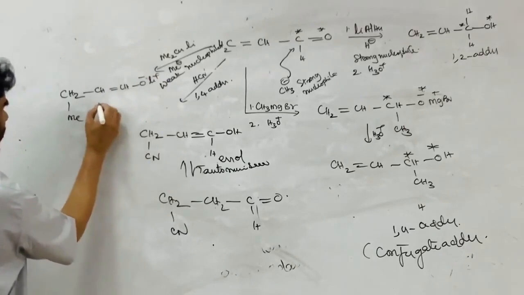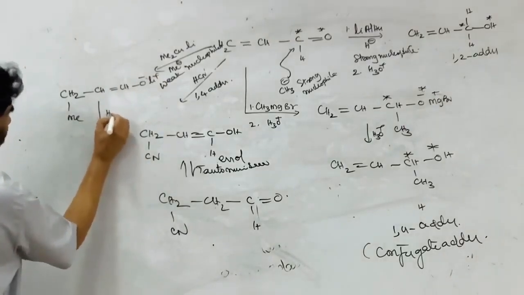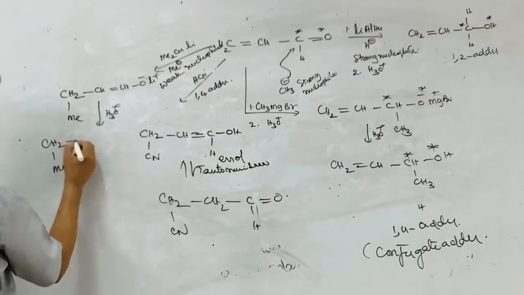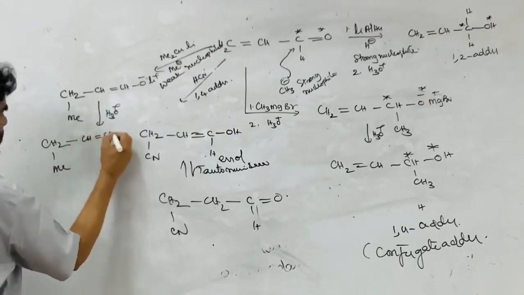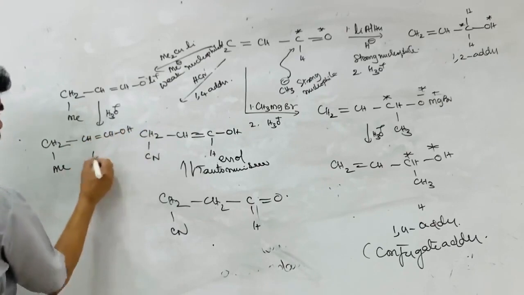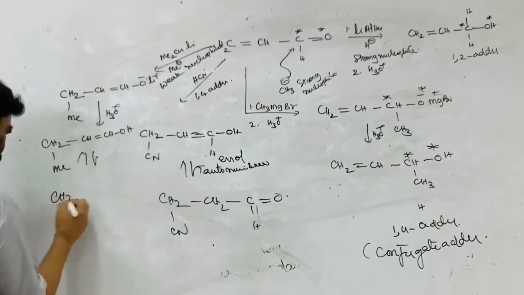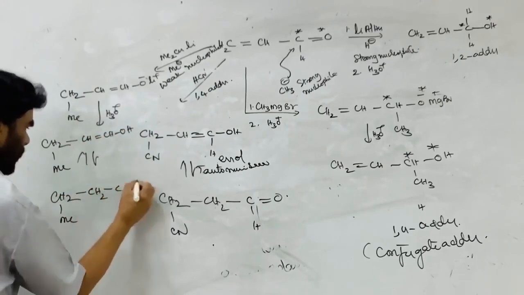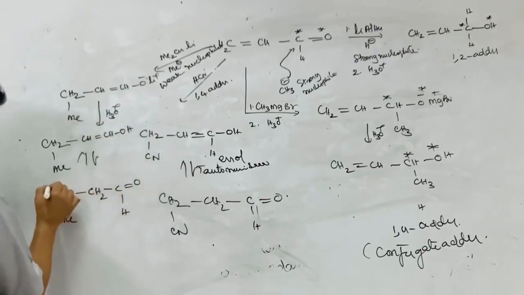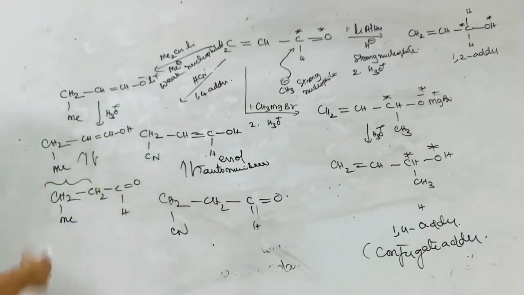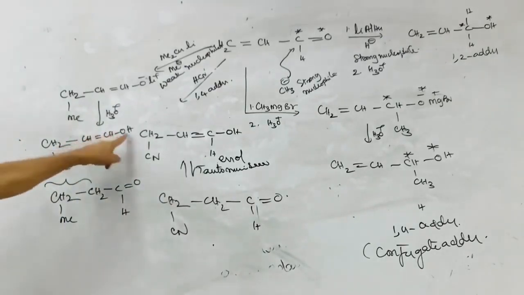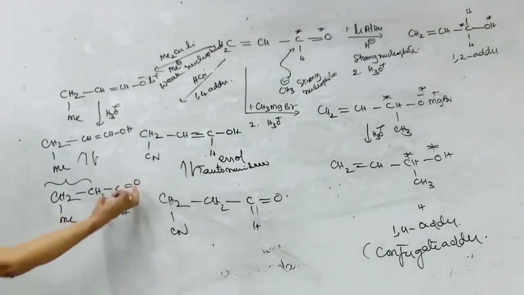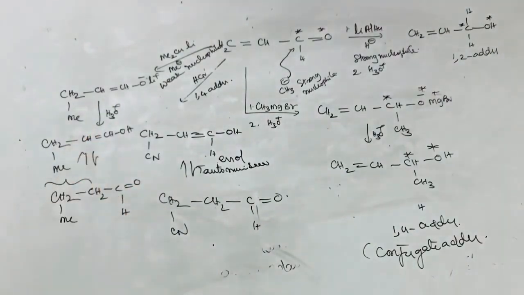Whatever it is, leave that part. That is acid workup. CH2, Me, CH=CH-OH. This tautomerizes to give CH2, Me, CH2, C=O. This one. And the conjugate addition is taking place. 1,4 addition is taking place, and the 1,4 addition is finally converted to the 1,2 product through the tautomerization phenomenon.